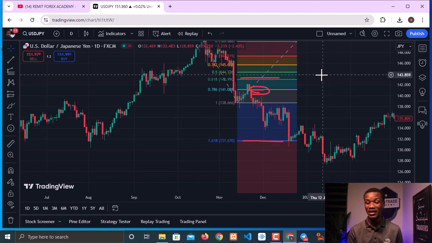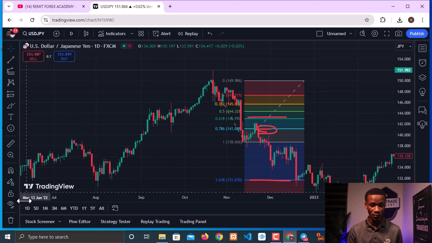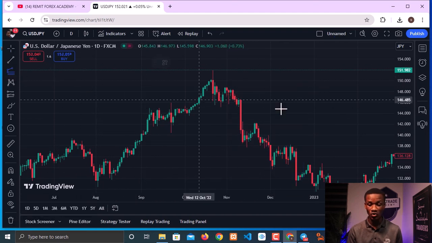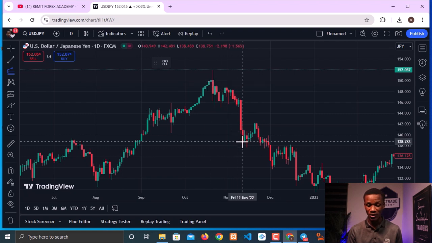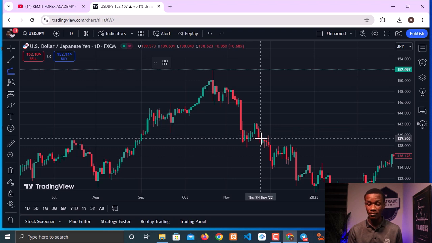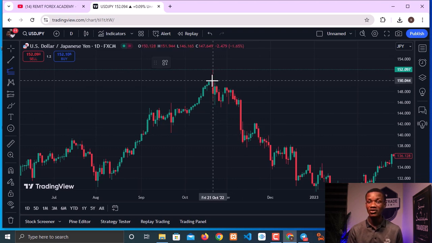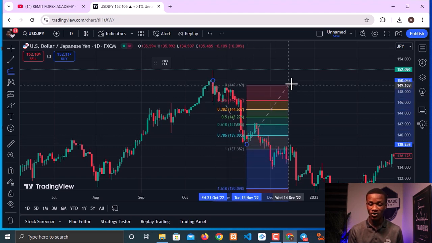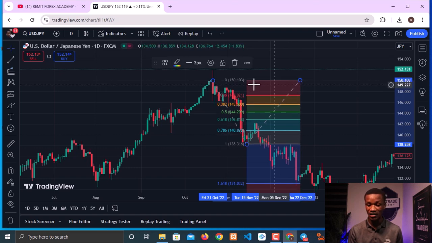So this is how you draw it in a downtrend. I will repeat again so that you better know how it works. All you need to do is to notice the impulse and then retracement have ended. Market is beginning to move downward for the next impulse. You draw from the swing high, which is the resistance, to the swing low, which is the support, and back to swing high at this very point.